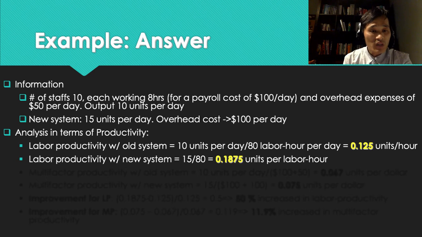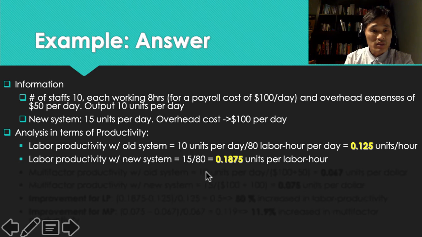Now, if we calculate the productivity with the new system, we learned that it produces 15 units per day, and the number of people who are working is the same, because we did not change labor. What we did was adopt a new system, right?